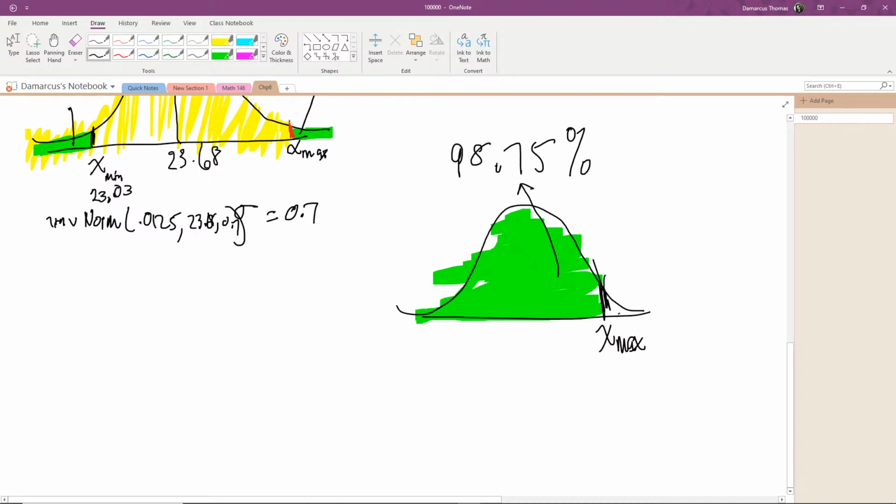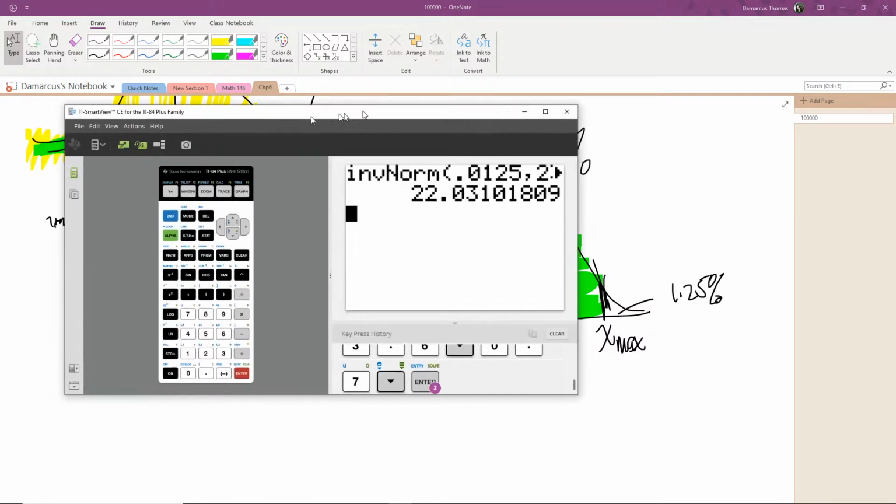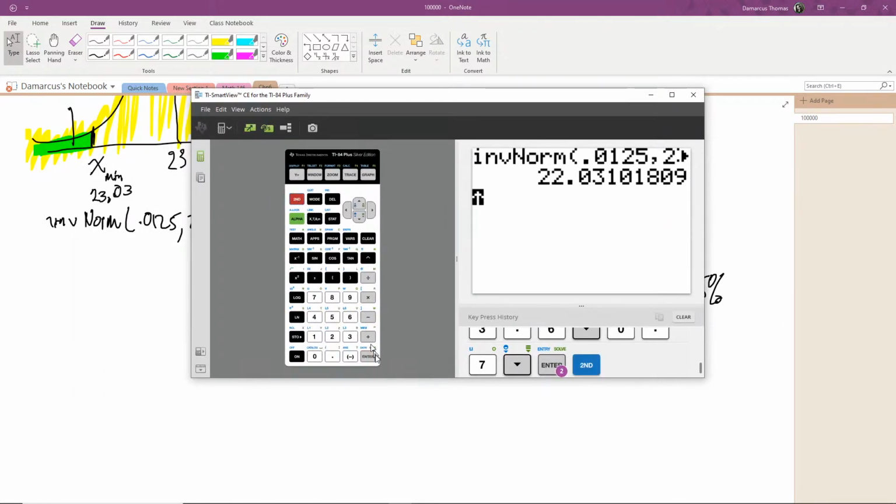This little piece is the other 1.25%. So I'm going to use 98.75 for my inverse norm. Here we go. I could just do a second recall. Second entry, and I'm going to put in 98.75.